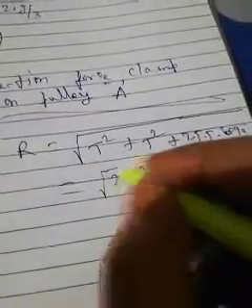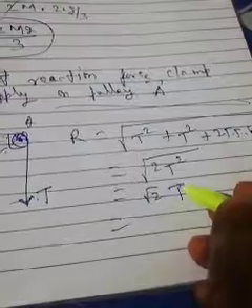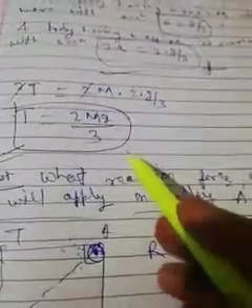Cos 90 is 0. So here 2T square, or we can say root 2 T. So this is the resultant force, root 2 T, where T is the value we can put.